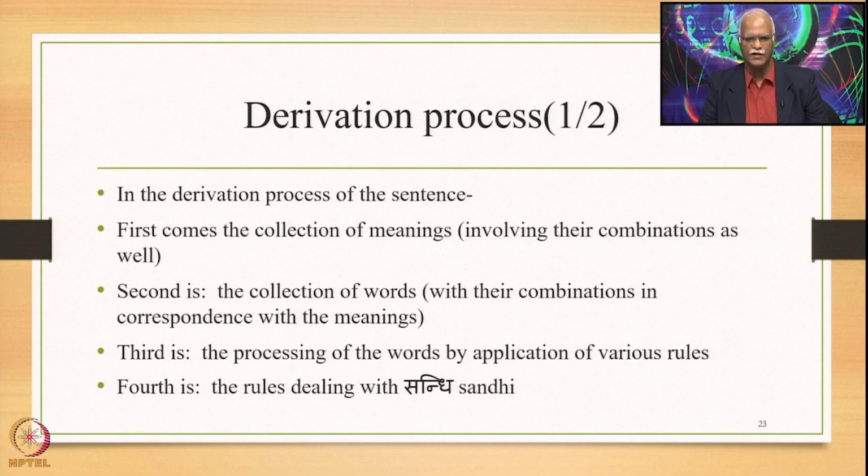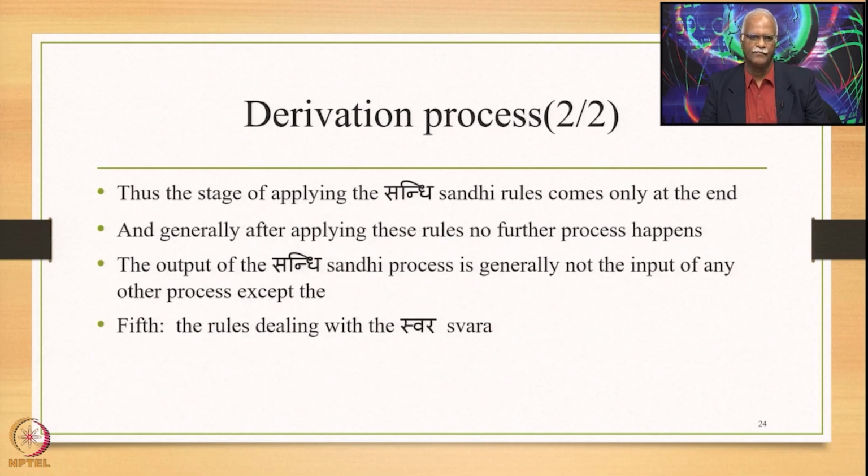And the third one is the processing of the words by application of various rules. And finally, the rules dealing with sandhi apply. Thus, the stage of applying the sandhi rules comes only at the end, and generally after applying these rules no further process happens.